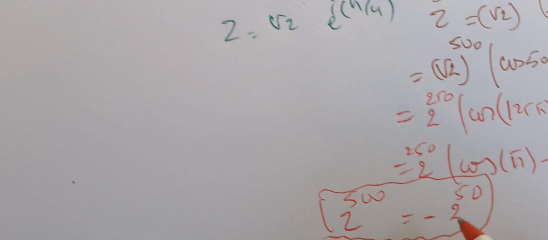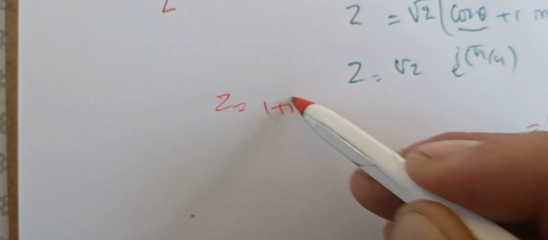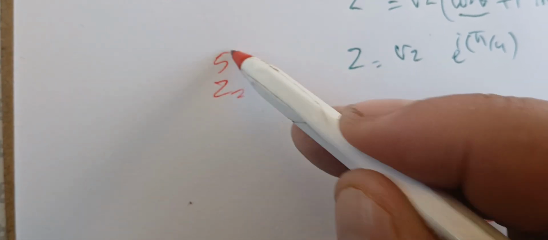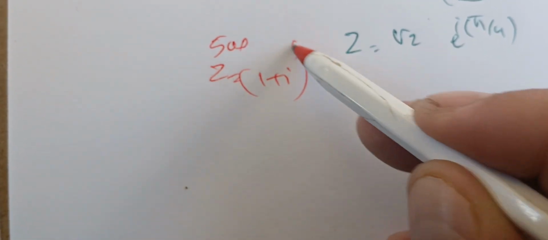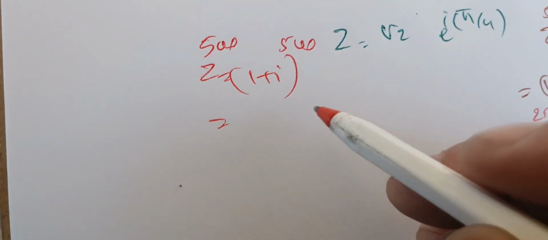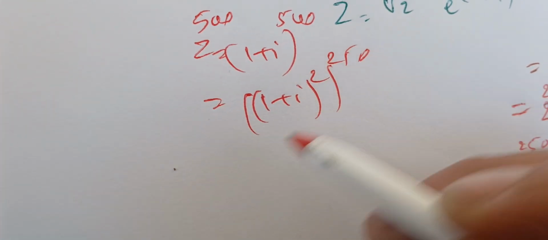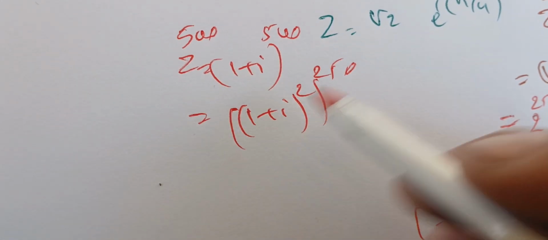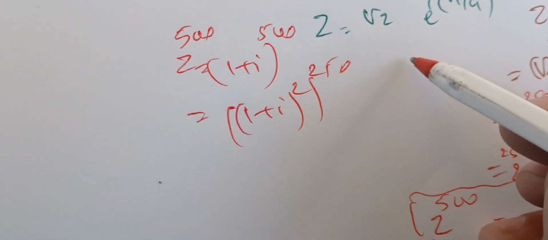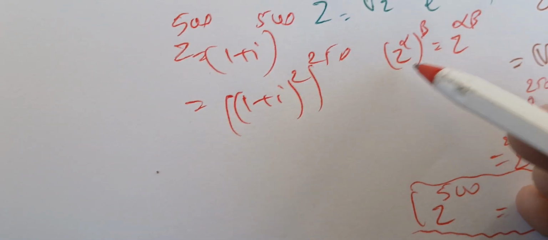Now I can use what I know from algebra. I have z is 1 plus i. I want to compute z to the power 500. I can use the rules of exponents. So this is 1 plus i to the power 2 to the power 250, because I know that z to the power alpha to the power beta is just z to the alpha beta.